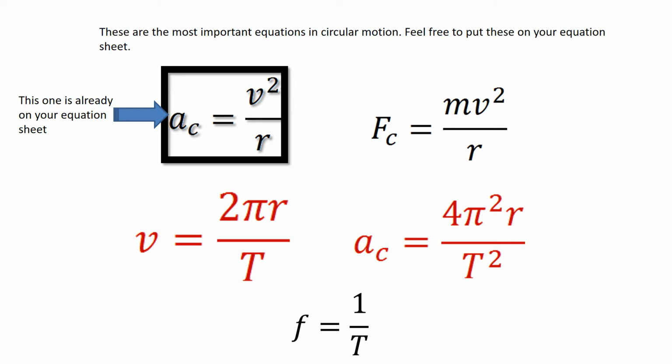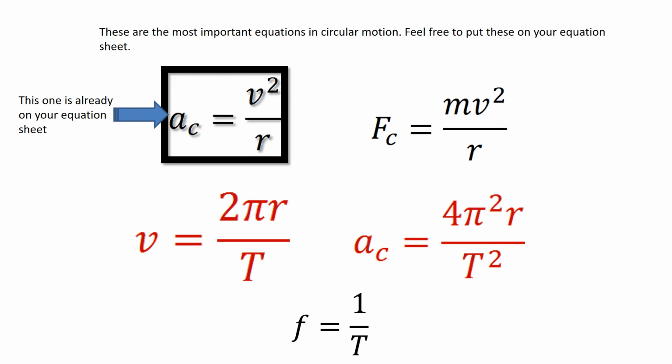I suggest you pause this and write down everything except the one that's already on your equation sheet. I haven't talked a lot about this yet because most of the equations have been there, but I recommend you get that AP equation sheet you have and just write all over it, at least for the purposes of this class. If you are taking the AP test, clearly you're going to need a blank, normal AP equation sheet for that.